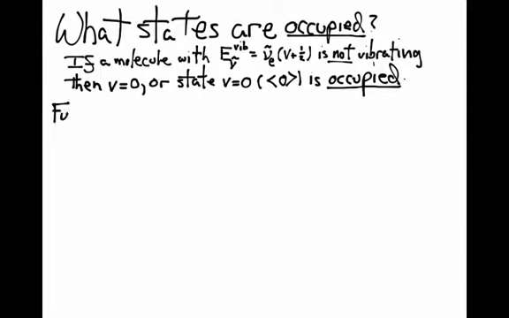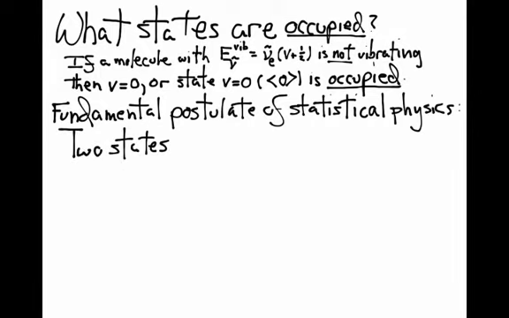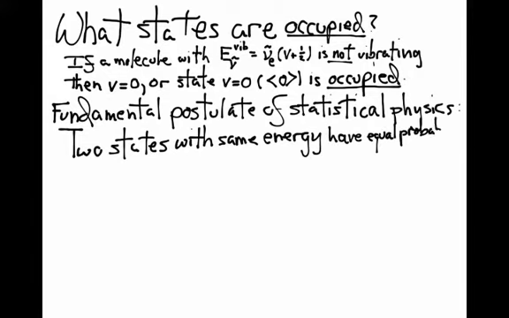So a fundamental, absolutely fundamental postulate of what we call statistical physics is that if you have two quantum states, and they have the exact same energy, then they have equal probabilities of being occupied. An example of this is, imagine a system that can isomerize.